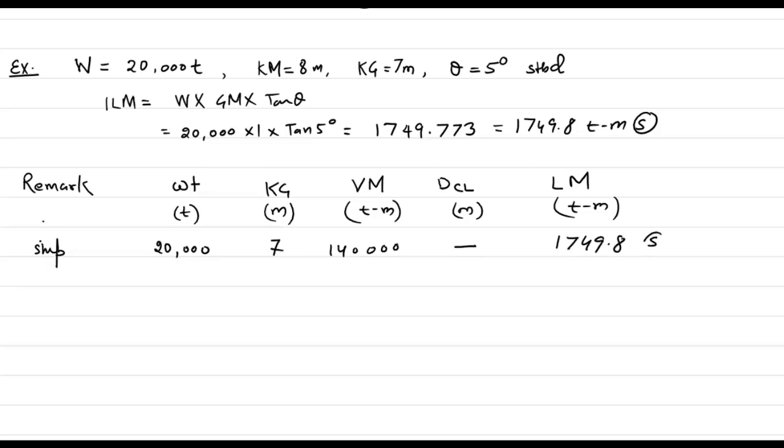1749.8 स्टार। ओके। एक्सक्यूज मी सर। यस, सर, वर्टिकल मोमेंट के लिए W विल ऑलवेज गेट मल्टीप्लाइड। Vertical moment is weight multiplied by kg. ओके सर, थैंक यू। List moment is weight multiplied by center line distance. यस सर, सेंटर लाइन से लेनी है आपको.